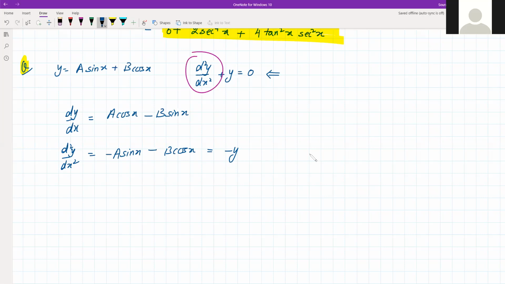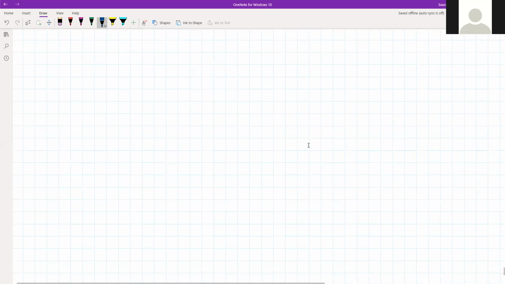From this we can say that d square y by dx square plus y is equal to 0. This is what we had to prove. And from this second equation itself, we can prove that. Why? Because d square y by dx square is minus y. So that means d square y by dx square plus y is equal to 0. Right? Let's move to the next question.